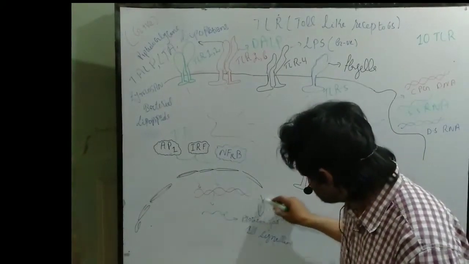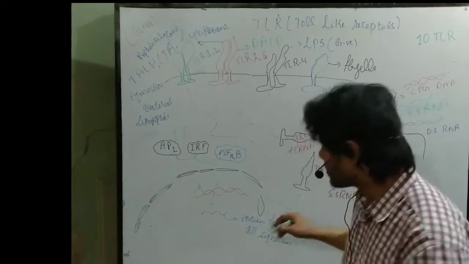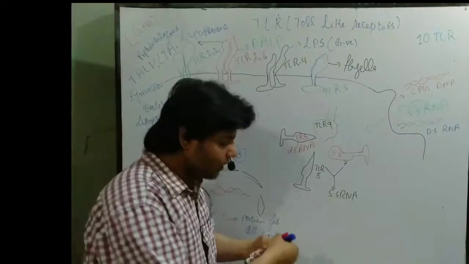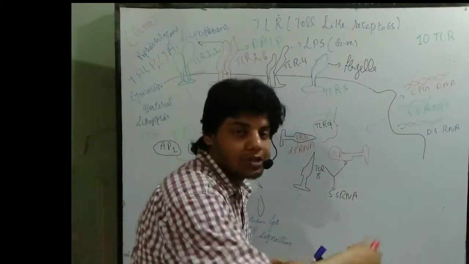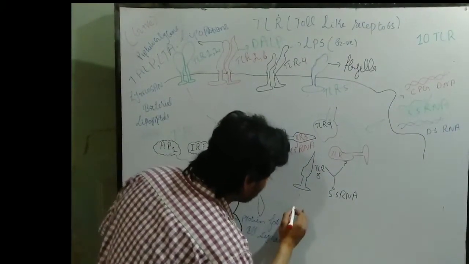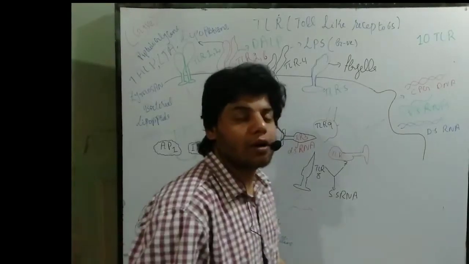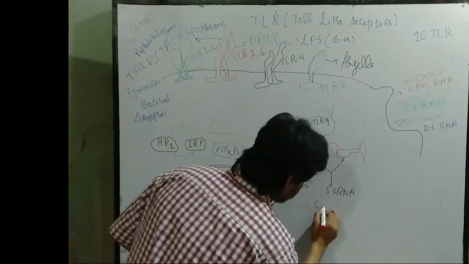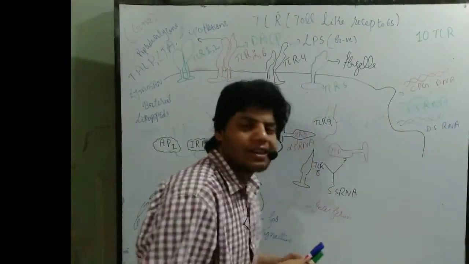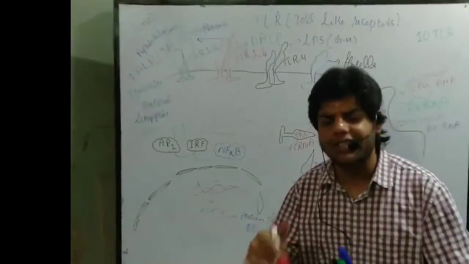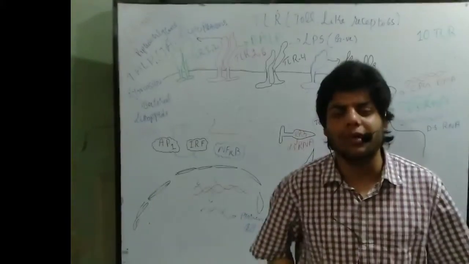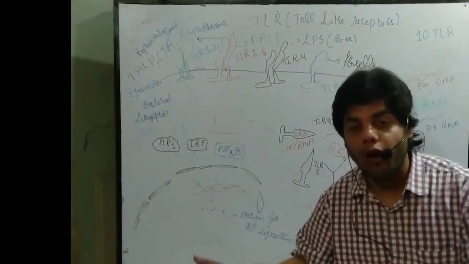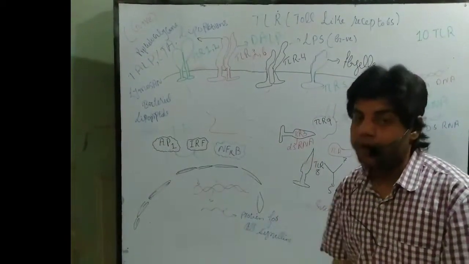Once this messenger RNA is produced, it is transferred to the cytoplasm, and this messenger RNA will produce interferon, which are proteins, or sometimes chemicals. These chemicals and proteins are usually involved in immunity as well.